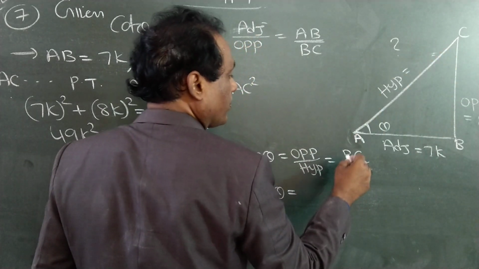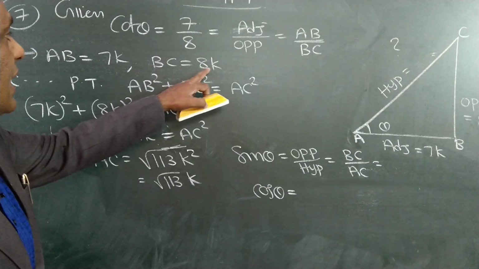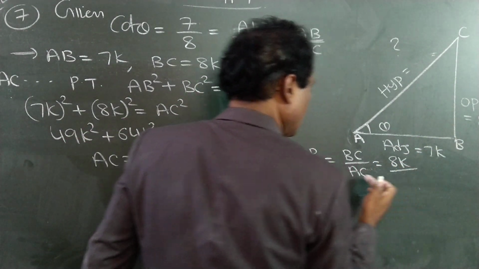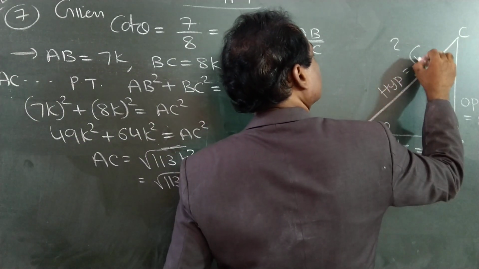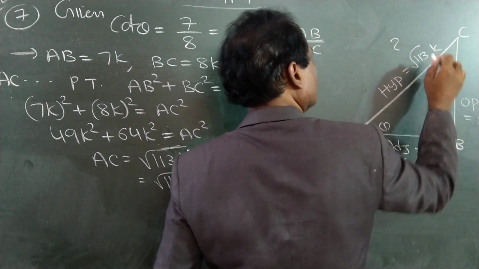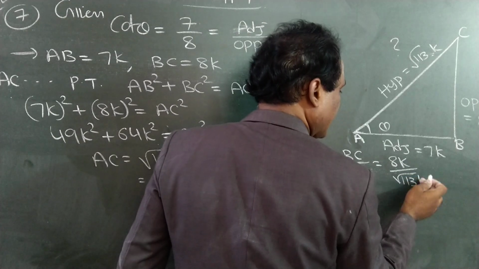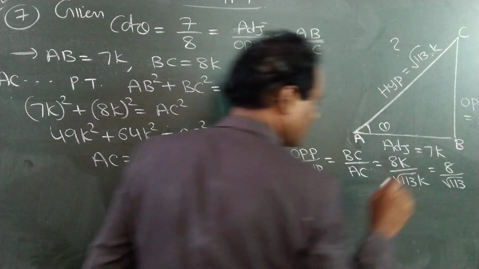BC is opposite, hypotenuse is AC. BC is 8k. AC, just now we got as root 113 k. K cancels, 8 by root 113, that's all.